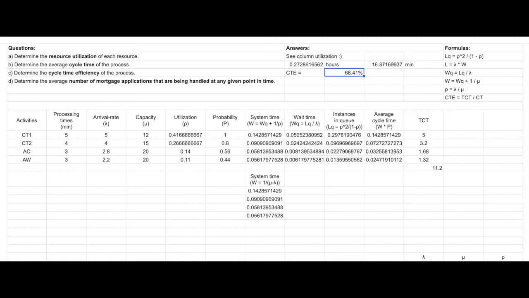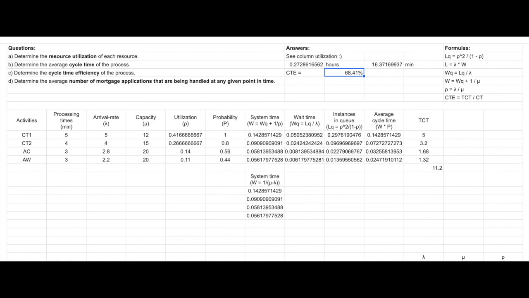So finally, let's answer question D. To answer question D, we will determine the average number of mortgage applications that are being handled at any given point in time.